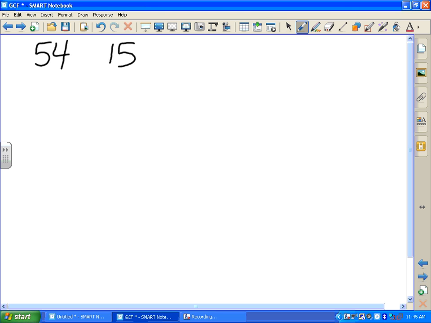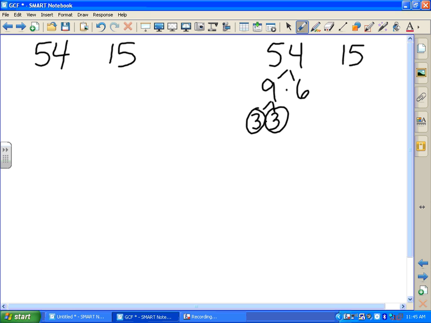Okay, first step, prime factorization. Do it, go. Prime factorization for these two numbers, go.